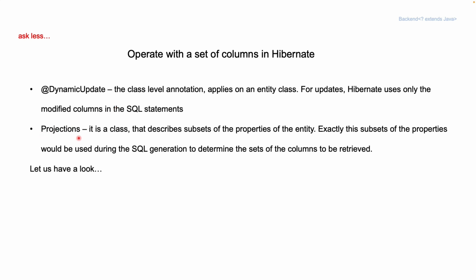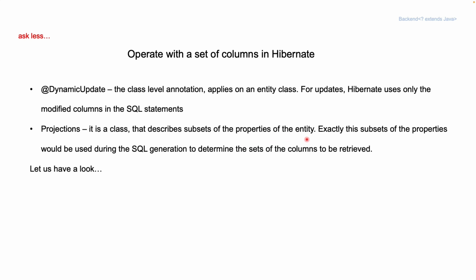The second approach is used when we select and retrieve data from our table. It's called projections. What does it mean? On our Java application level, it's just a class that describes a subset of properties of the entity.